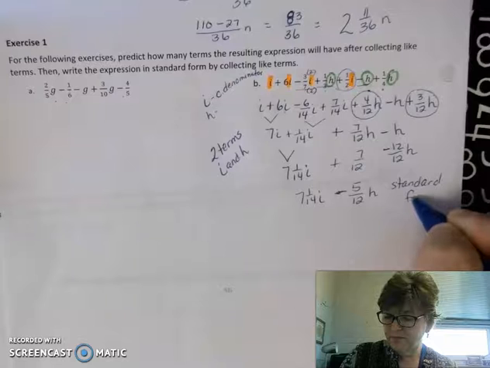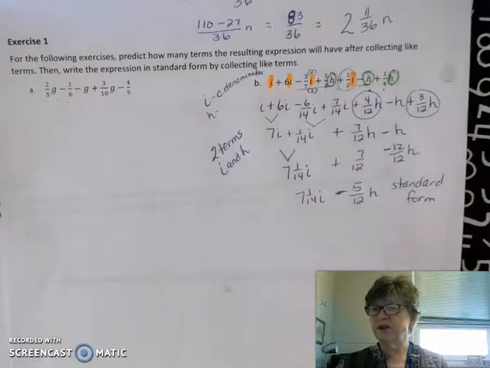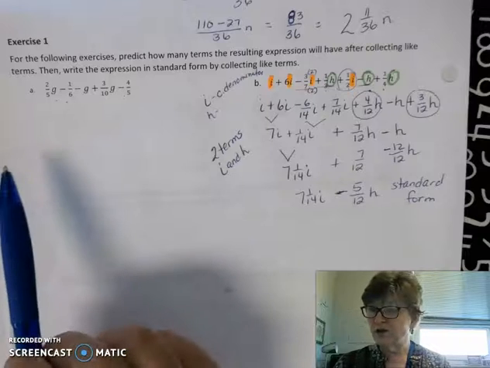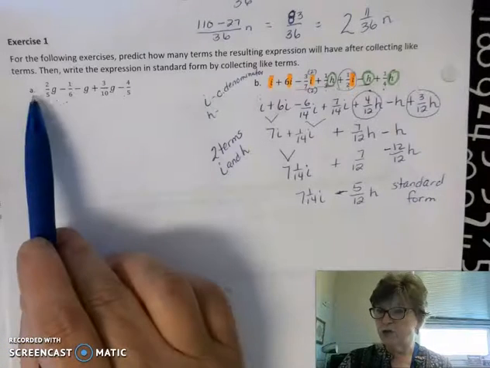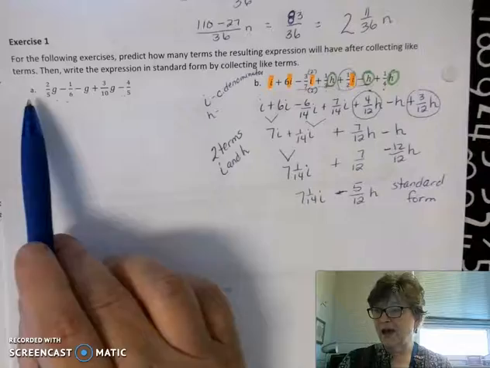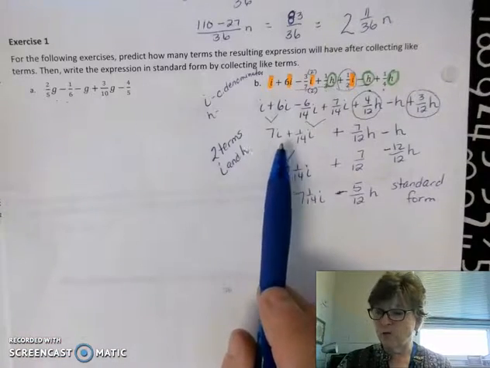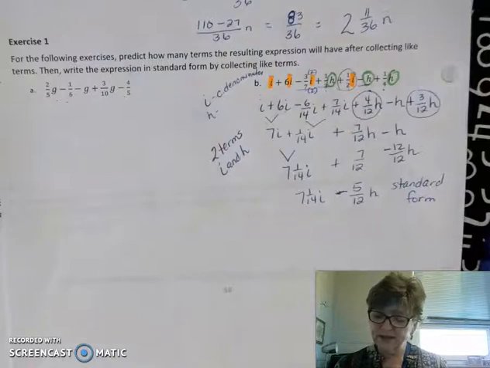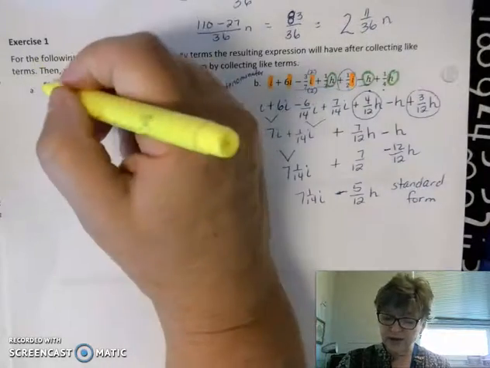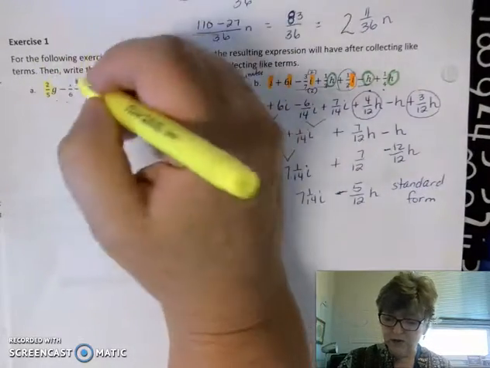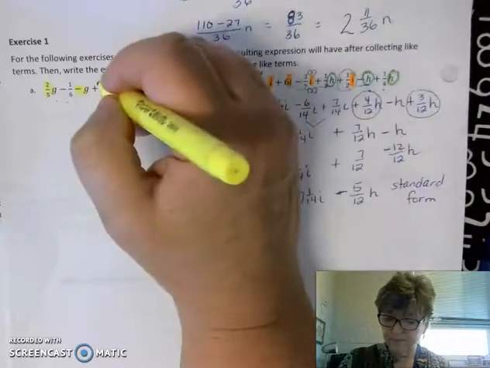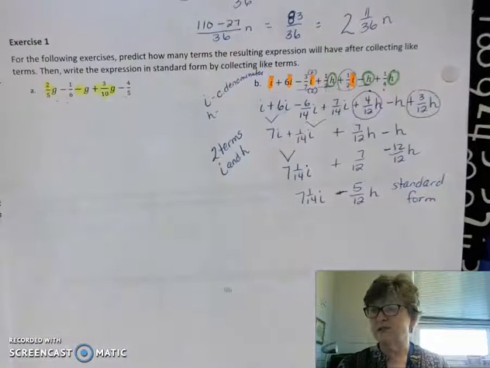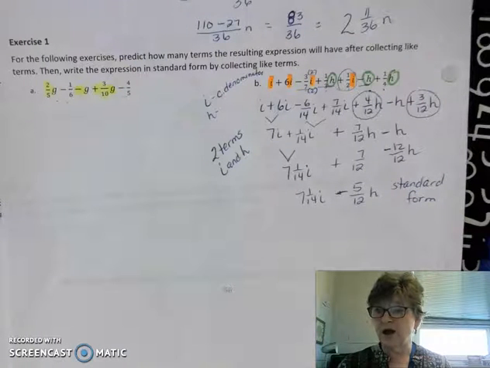Write that down. And what I'm going to let you do now is try this yourself. So in a second you're going to pause this video and attempt to solve A. And you may definitely use B and of course the example above as a reference. One thing to remember and to think about is where are your like terms? Remember that your like terms, since there are fractions, will need common denominators.